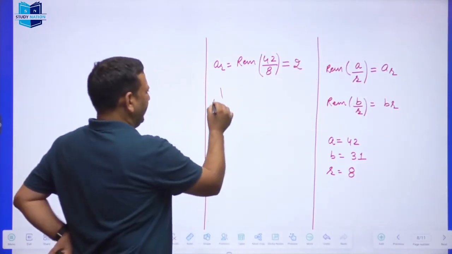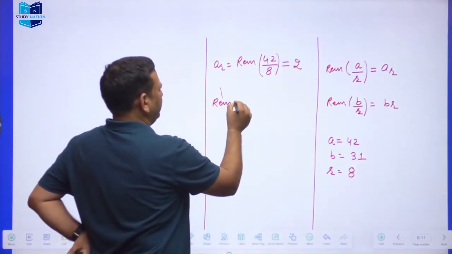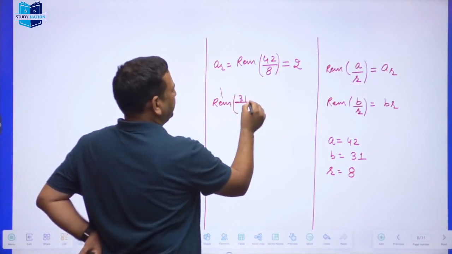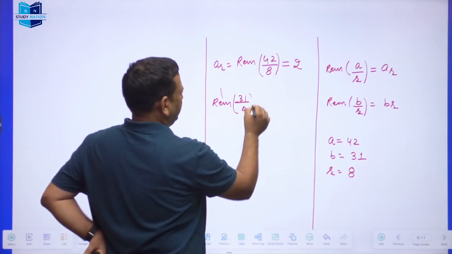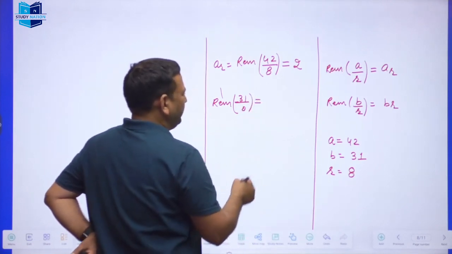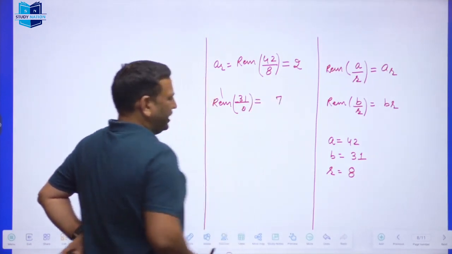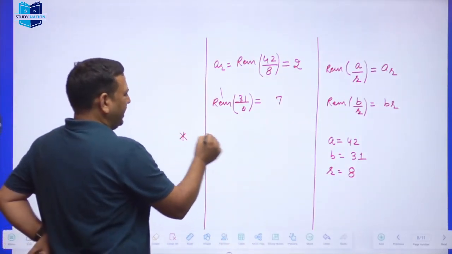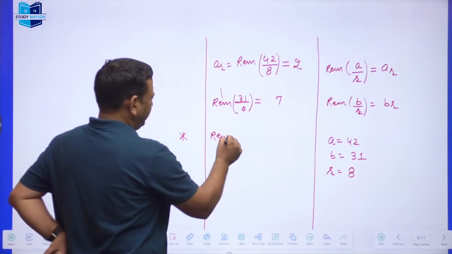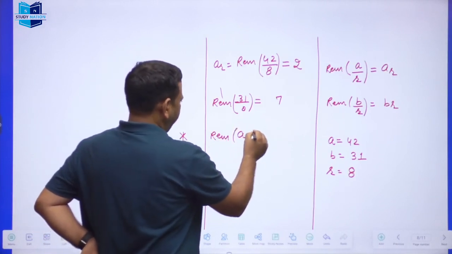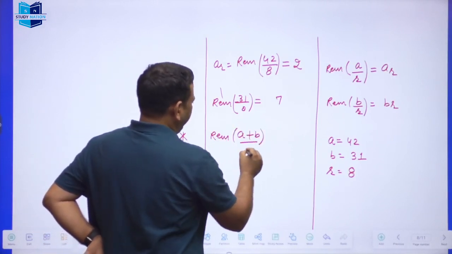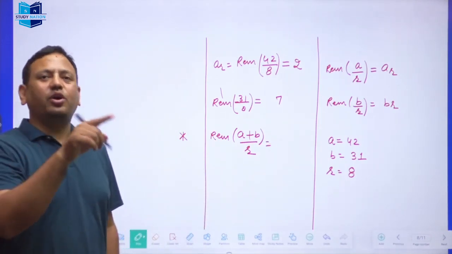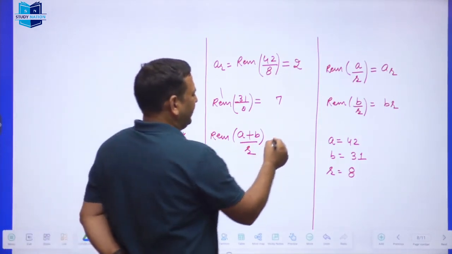Clear? Similarly, the remainder when b, meaning 31, is divided by 8, this would be 7. Now the remainder theorem says, if you do the remainder of a plus b divided by r, what you have to do is apply the operation only on the remainders. What is the meaning of that?